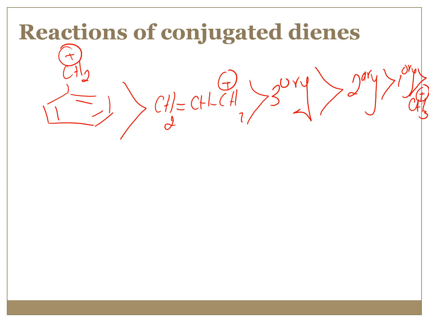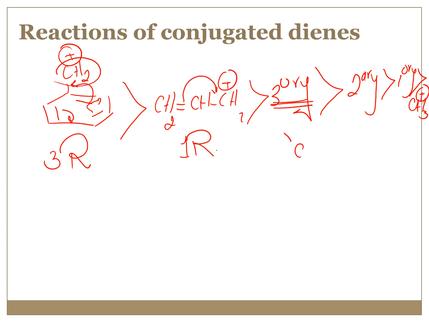Why is that? In case of the benzyl, when your CH2 is carrying a positive charge, it is stabilized by 3 double bonds of the benzene ring, while in case of the allyl, it's stabilized by resonance by just 1 double bond. So you have here 3 resonating structures, you have here 1 resonance.